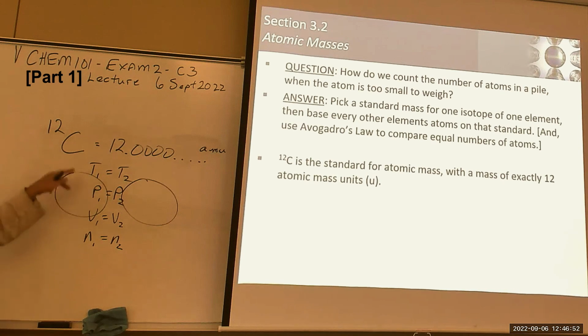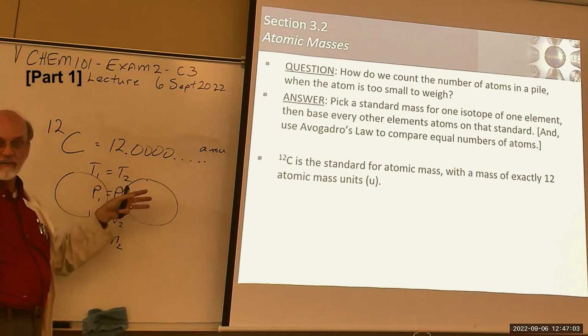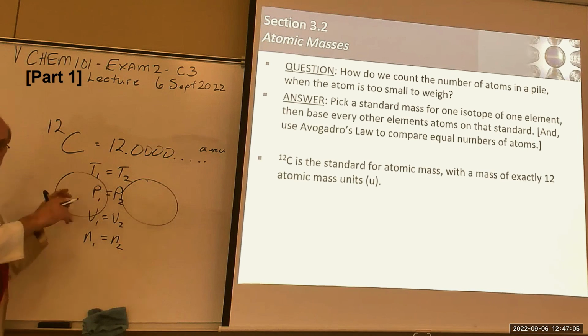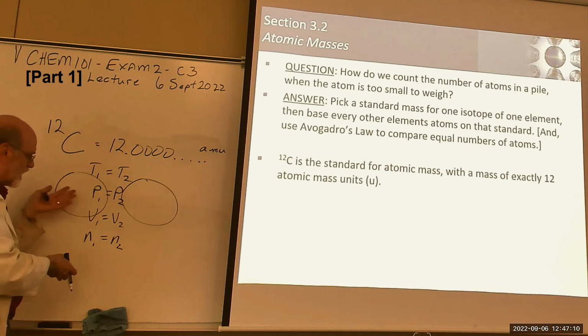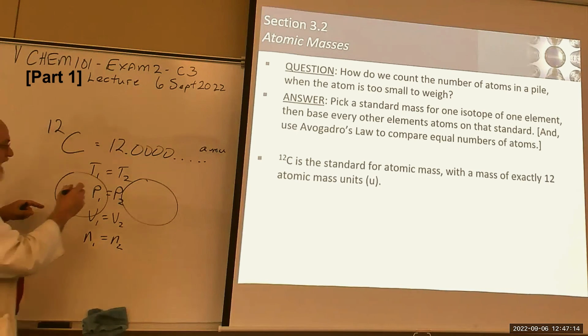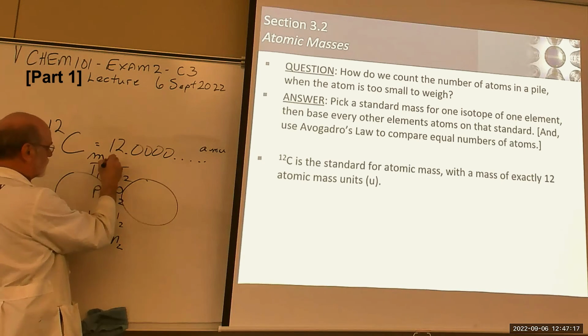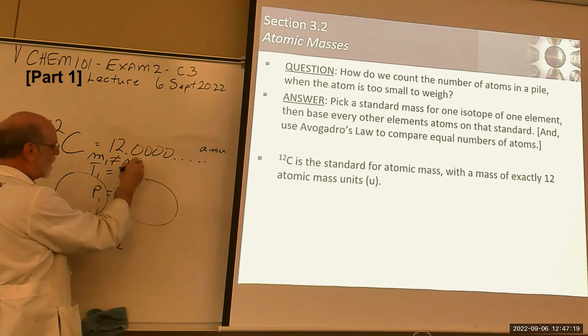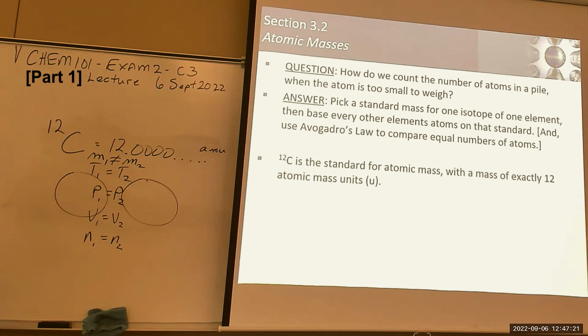So using that relationship, if we have a gas of carbon in here, and you can do that if you heat it up enough, and then you have the same temperature over here with some other element, and they're exactly the same volume, and you weigh the two. Then you can compare the weight of this one to the weight of that one, because the difference in the masses is due to the difference in masses of the individual particles.